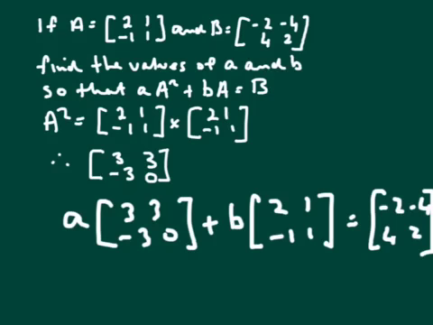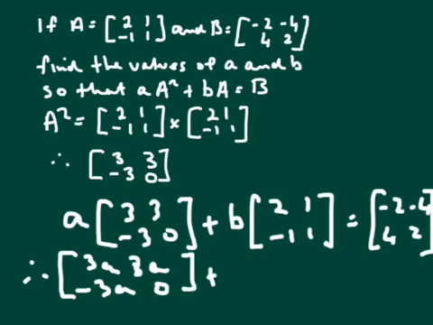Alright, what are we going to do here? Well, what we can do is, we know these scalars A and B can be brought inside the matrix bracket, so let's do that. Therefore, 3A and 3A there is equal, -3A there and 0 there, plus 2B and B there, what have we got?